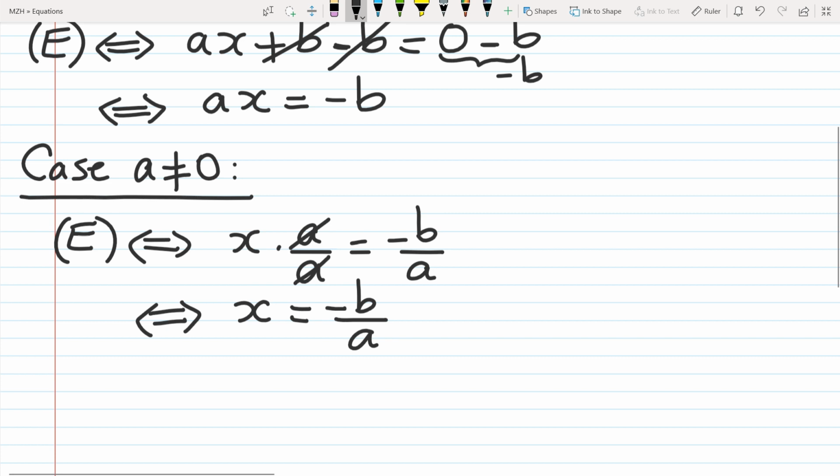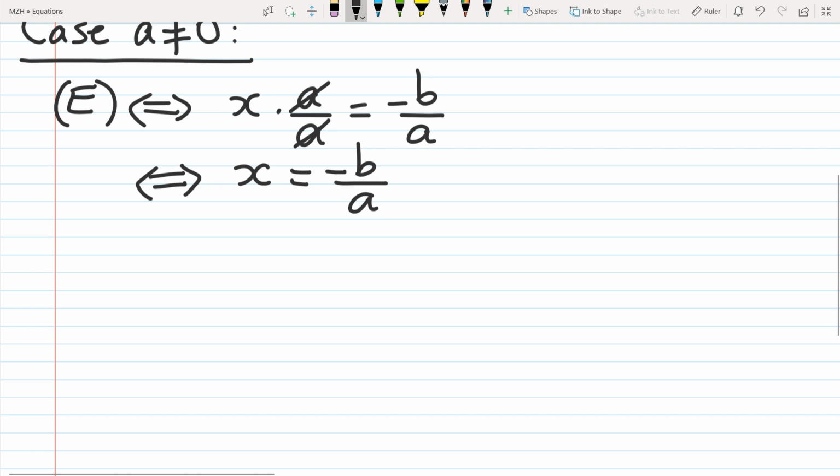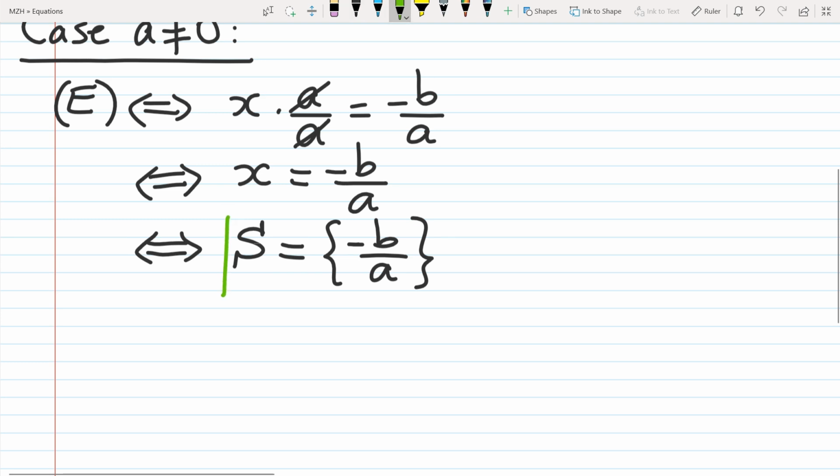So we started with our equation in a general form, ax plus b equal to 0, and we found that the solution of this equation is x is equal to minus b over a, and therefore the set of solutions of this equation in the case of a different from 0 is actually equal to the set with one element, which is equal to minus b over a.